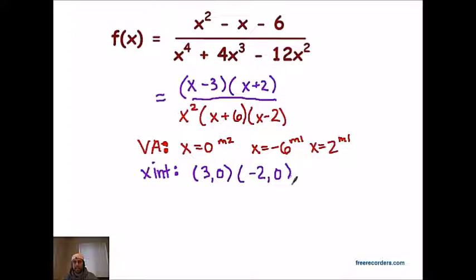Okay. Next piece, I want to look at the lead coefficients again. So in this case, we already kind of talked about it, but x squared over x to the 4th means that my horizontal asymptote is going to be y equals 0. Okay, so now I've got that horizontal asymptote. Last piece we needed to look at, which we've also kind of already talked about in this example, is I'm going to get a negative 6 over 0.